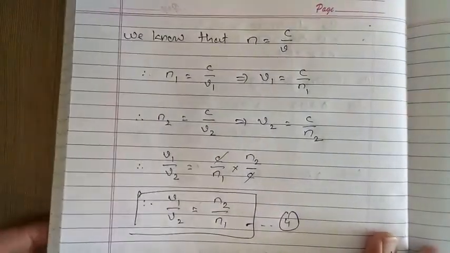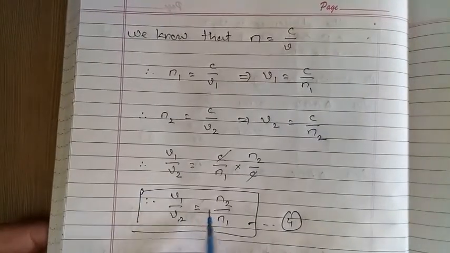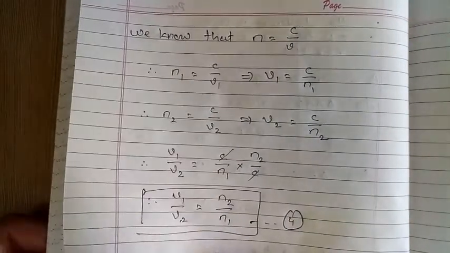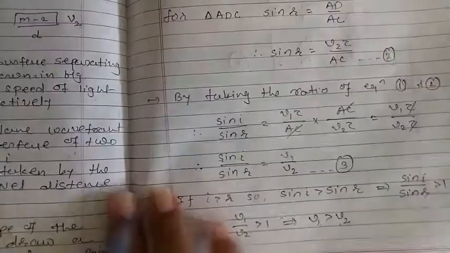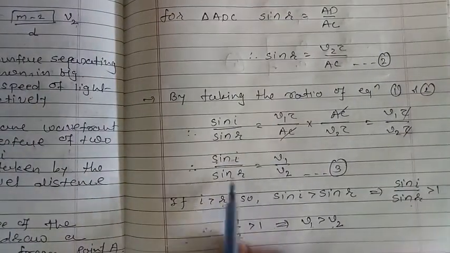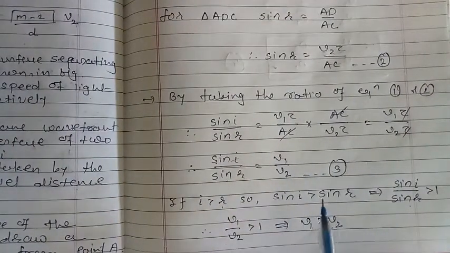Now we know V1 upon V2 is equal to n2 upon n1, and sin I upon sin R is equal to V1 upon V2.